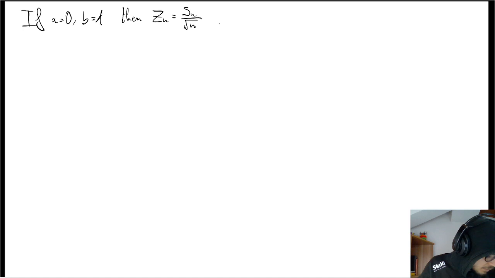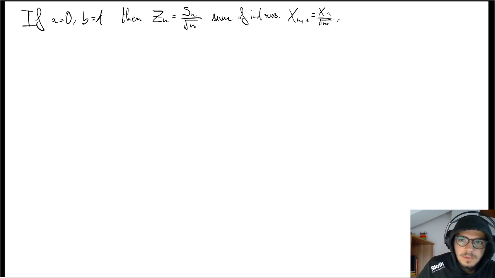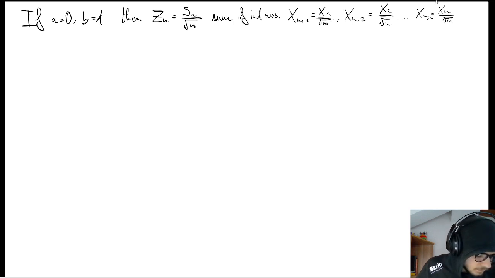Zn is the sum of independent random variables, which are Xn1 is X1 over root of n, Xn2 is X1 plus X2 over root of n, and so on. n is fixed, and as n grows they get smaller, so the summands approach 0 as n goes to infinity, but for any n, Zn has mean 0 and variance 1.